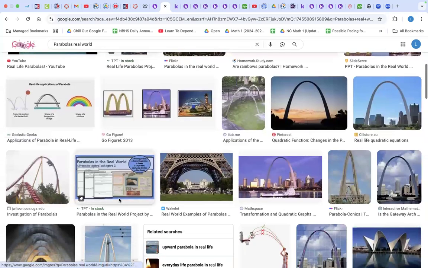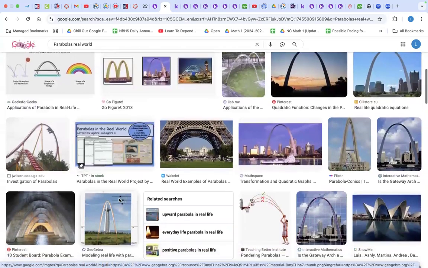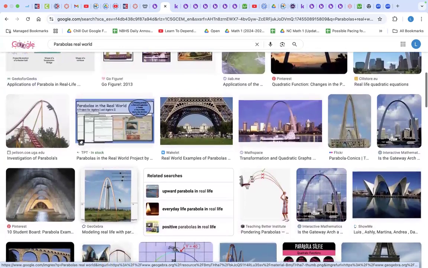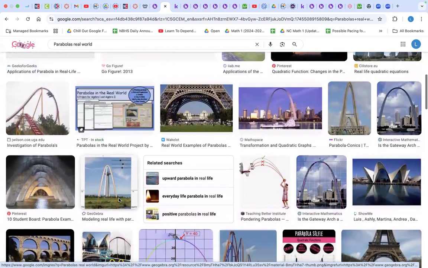The information that we are going over today, those equations were used in building some of these parabolas. Even when you think about shooting a basketball, parabola.